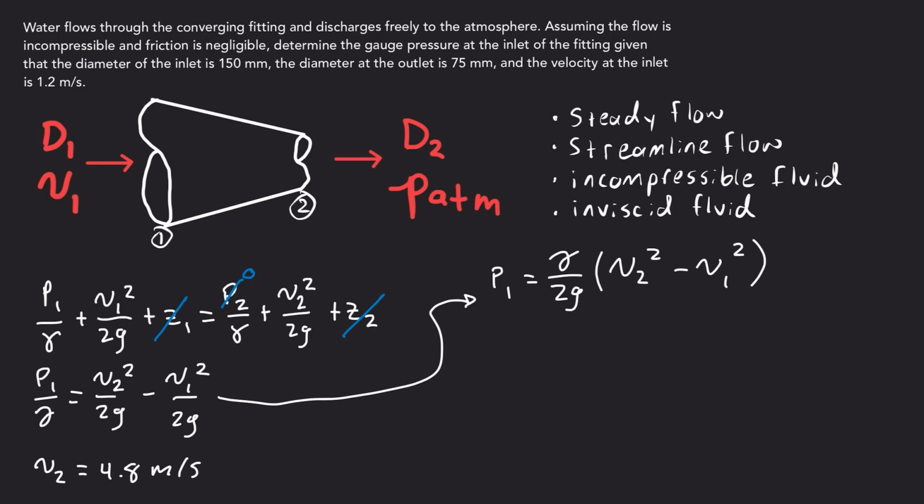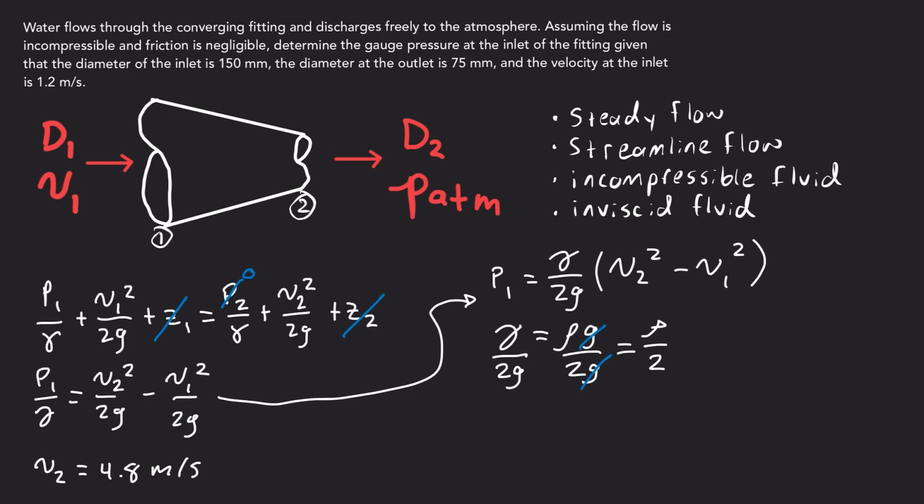Now, since we have specific weight divided by gravity, it might be helpful to note that specific weight is defined as density times gravity. So when we divide specific weight by 2g, we can simplify this a bit more since the gravity terms cancel out.